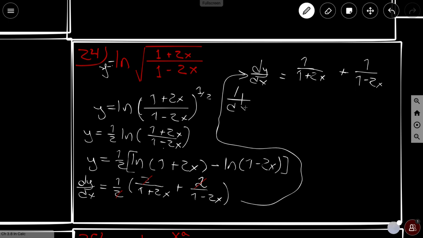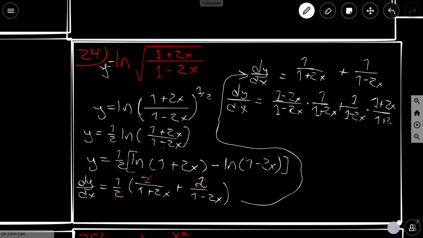So it's going to be 1 minus 2x over 1 minus 2x times 1 over 1 plus 2x, plus 1 over 1 minus 2x times 1 plus 2x over 1 plus 2x.